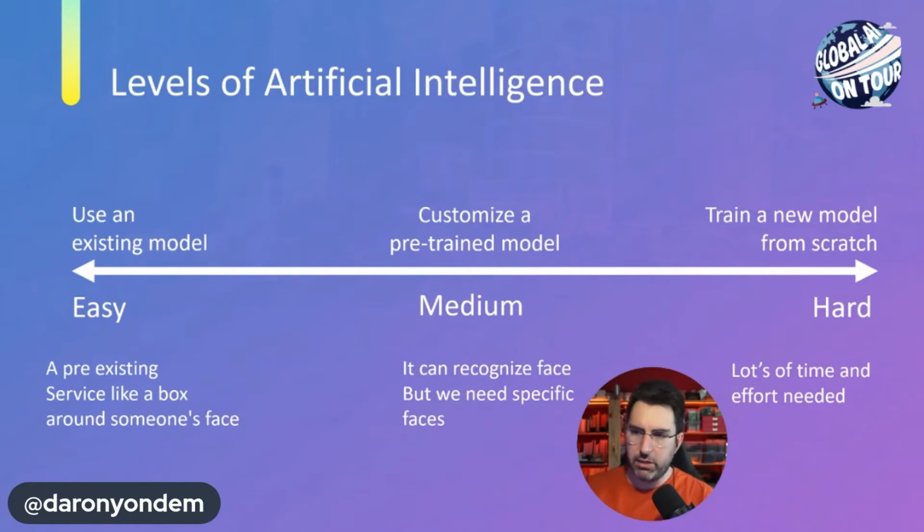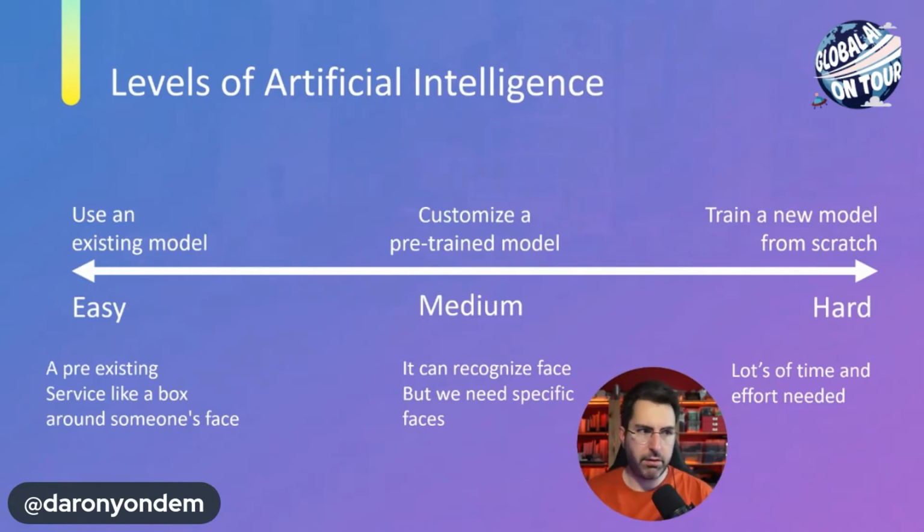But anyway, you can start with a model that is already pre-trained, and add additional data on top of that and customize it, and come up with something really nice in a really short amount of time. So this is the middle ground between creating the whole thing from scratch, or simply using a pre-trained model, which is the easy section of this whole spectrum, right?